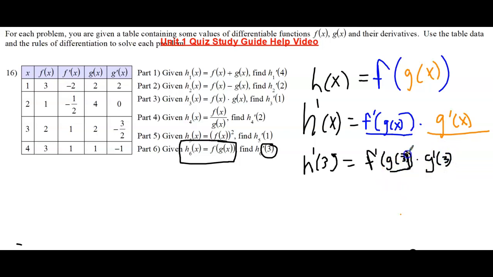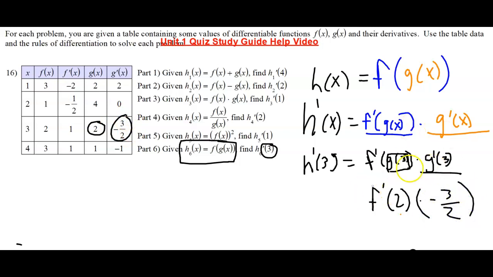So first of all, let's do g of 3. What's g of 3? G of 3 is 2. So if I replace that, I'm going to end up with f prime of 2. And then g prime of 3 is negative 3 halves. So just put that in parentheses. Now I need to find f prime of 2. F prime of 2 is a negative half.